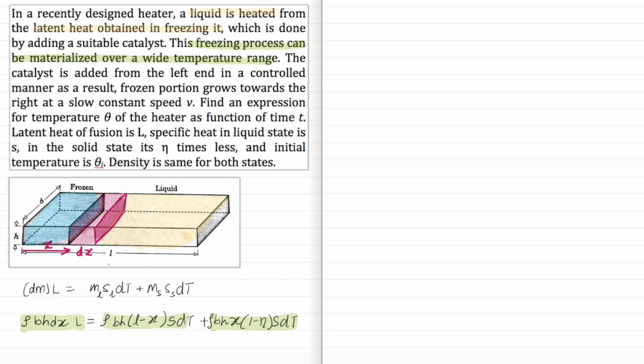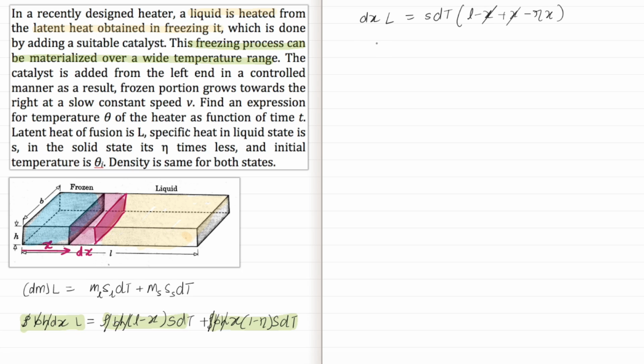Now on further solving this equation, rho b h cancels. We have dx into L is equal to S dT times (L minus x plus x minus eta x). So this gets cancelled.